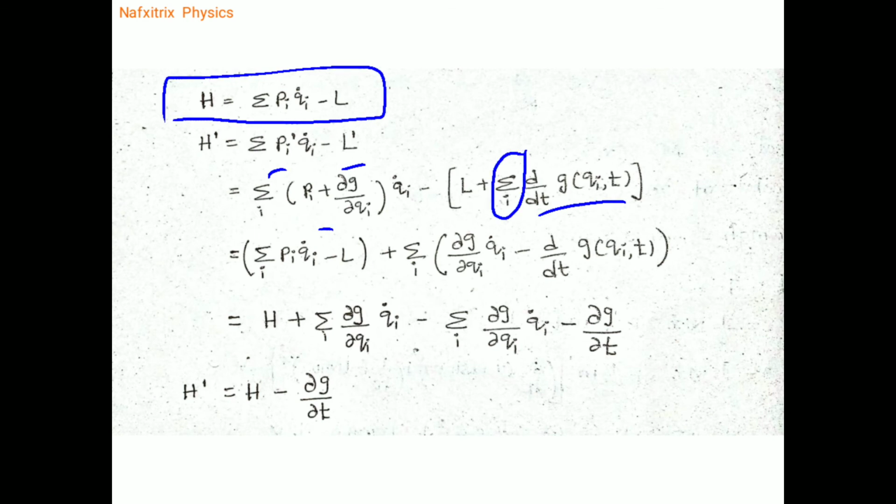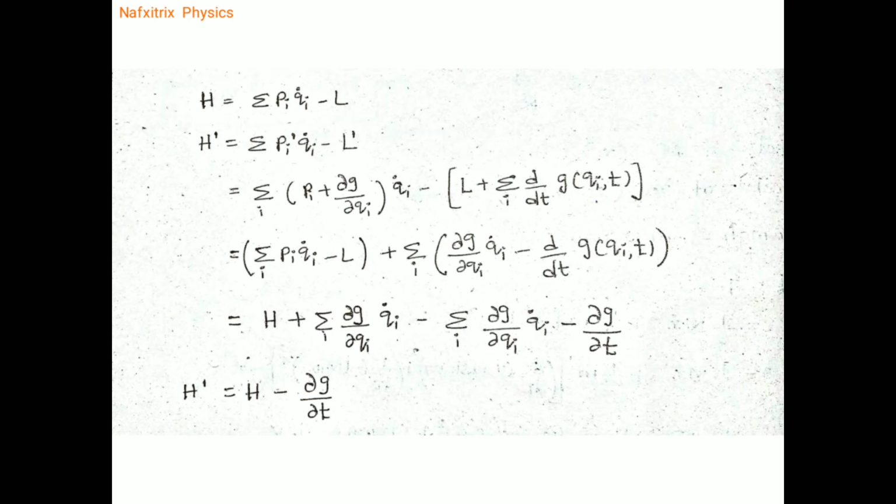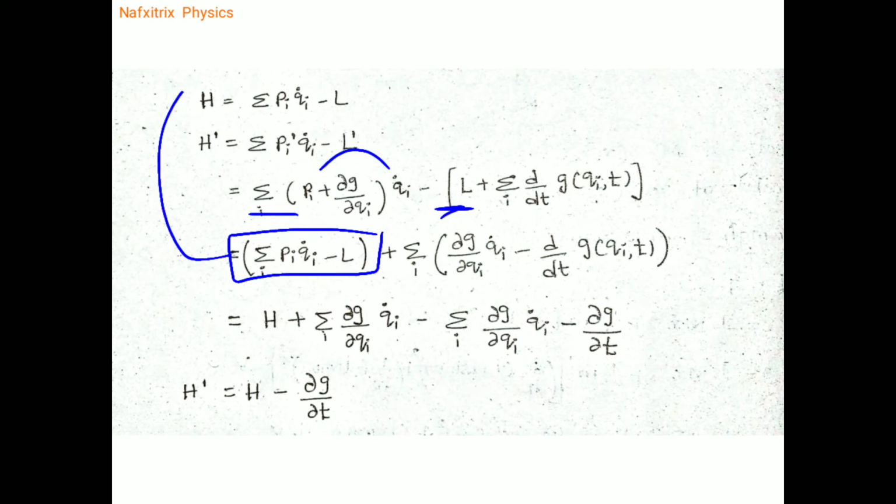Finally, L dash is L plus summation over i of d by dt of g(qi, t). Next we multiply by the summation pi qi dot. Here the L we keep aside, because it is the old Hamiltonian, summation pi qi dot minus L.